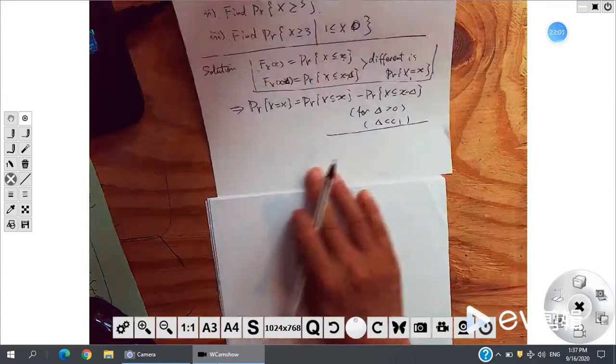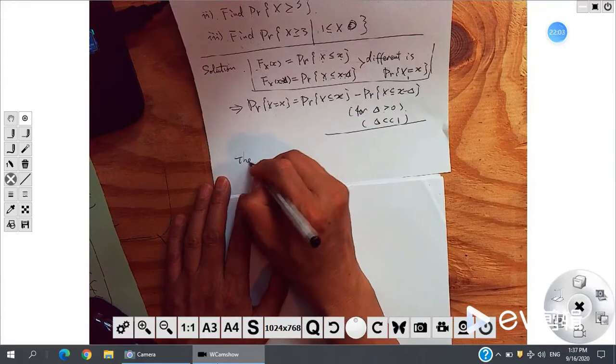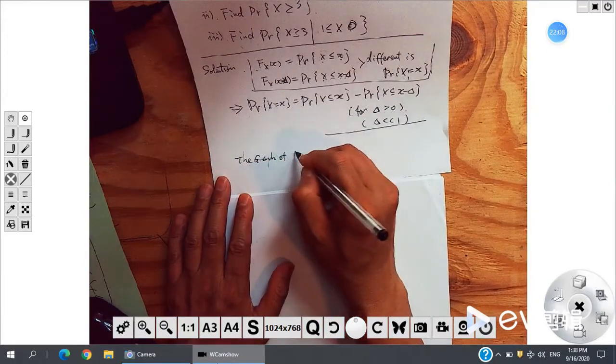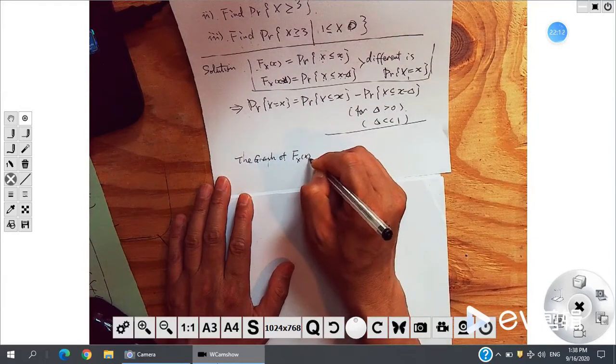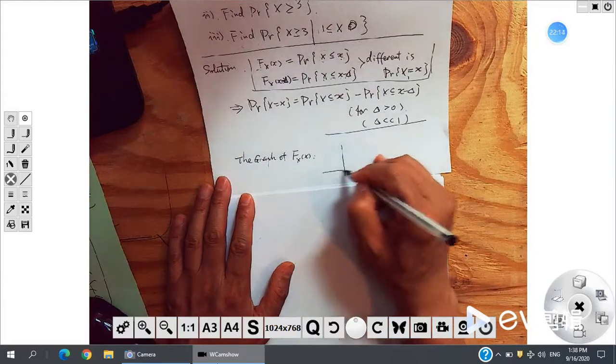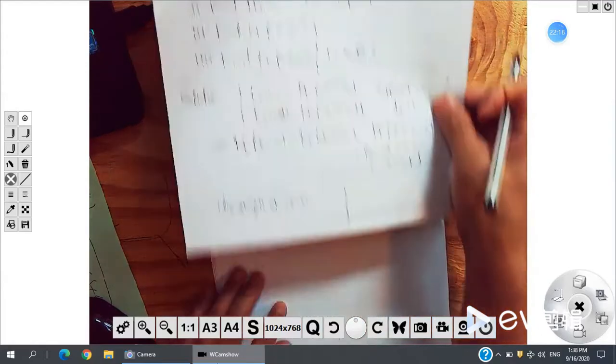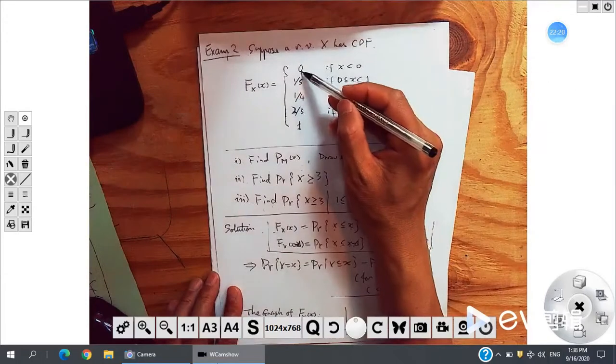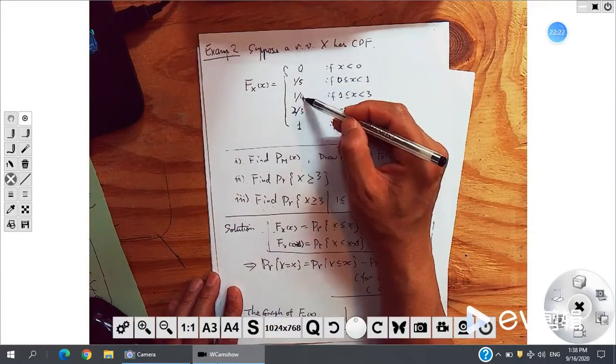And in graph, so let me give the graph firstly. I have space here. The graph of F_X(x). The values are 0, 1/5, 1/4, 2/3, and 1.